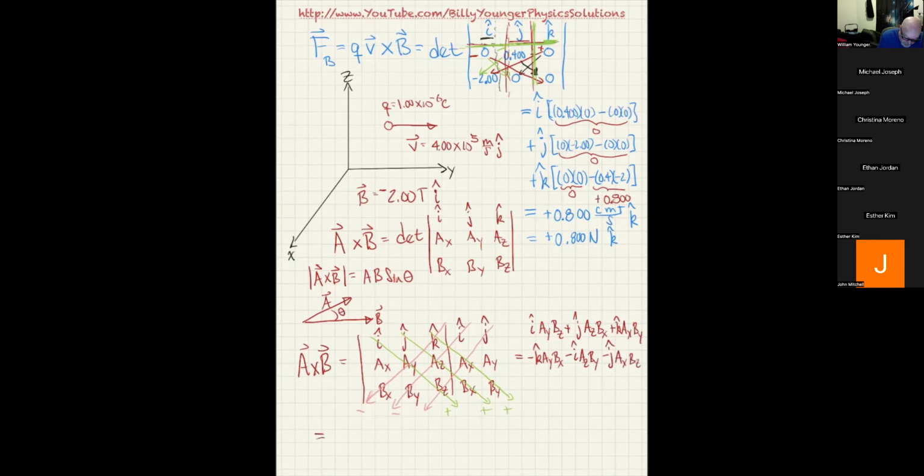Now I can write this a little simpler by grouping up the i hats. What I'll see is I get AY BZ minus AZ BY i hat, plus, that takes care of this term and this term, plus I get AZ BX minus AX BZ.